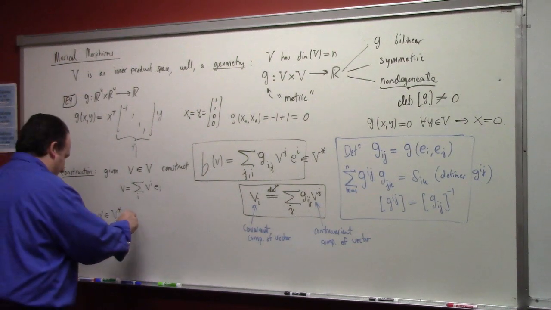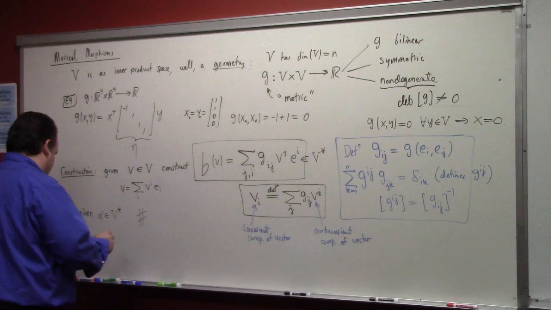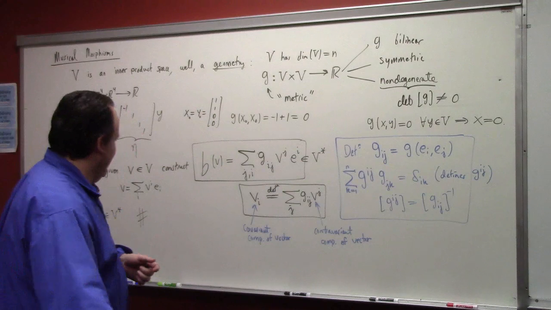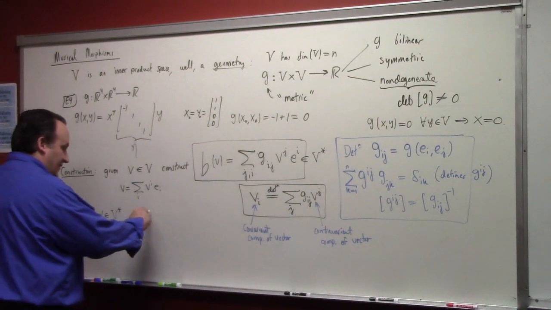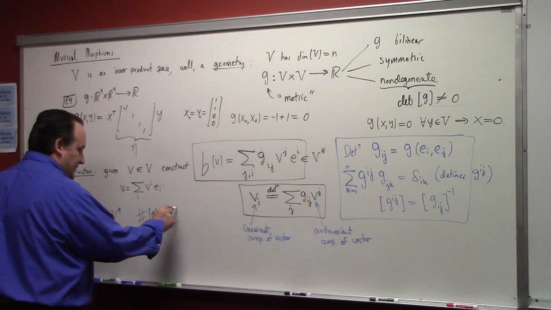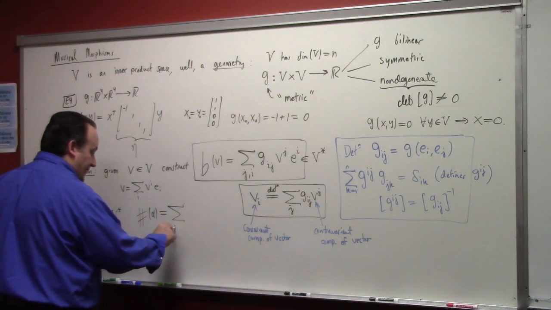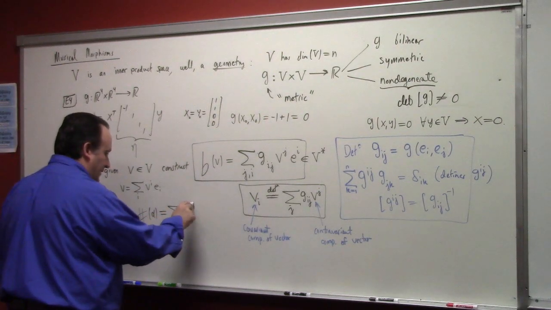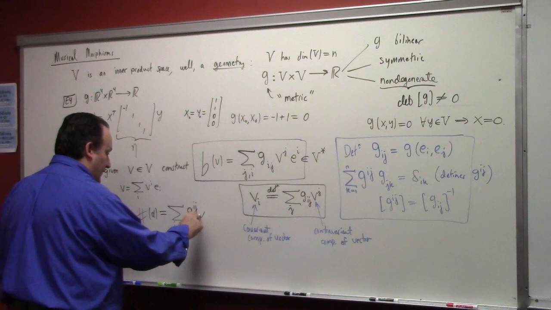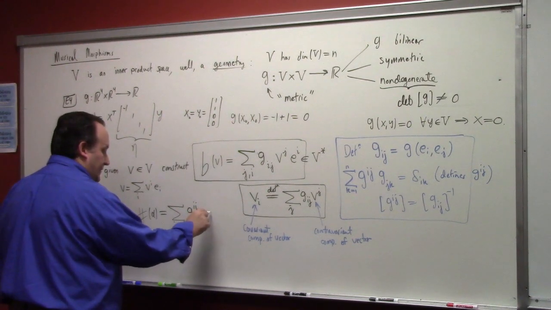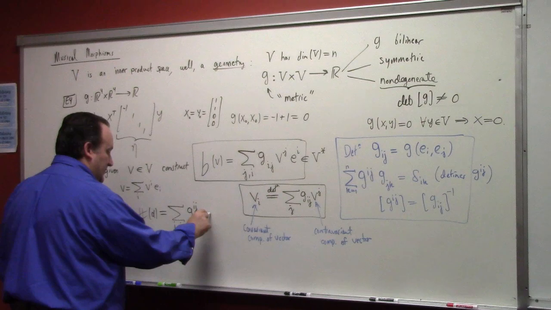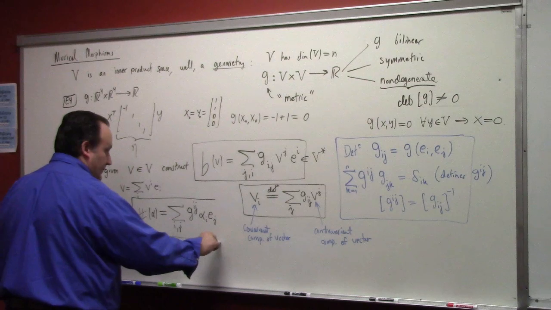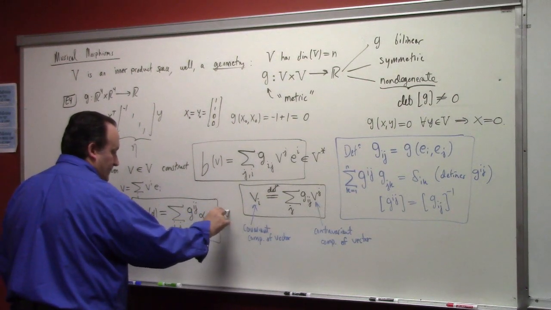It's like a slightly italicized hashtag or something. So the sharp of alpha is equal to the sum over i and j, and now we use not the metric, but the inverse metric, g upper ij, times alpha lower i, and then I would do e lower j. That right there would be an element of V.